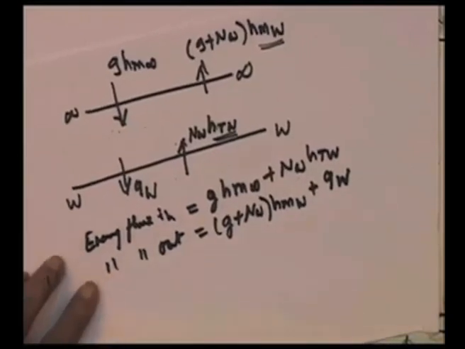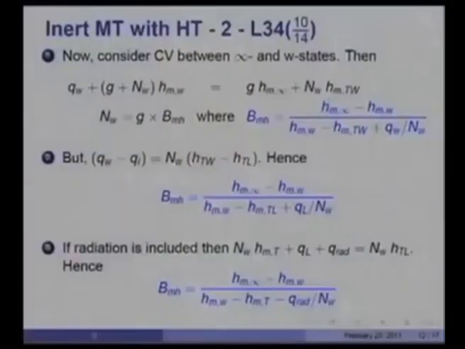So, on the left hand side you have the fluxes going out, and on the right hand side you have the fluxes going in, and therefore, if I now rearrange this equality, then you will see Bmh would now get defined as Hm infinity minus Hmw, Hmw minus Htw plus Qw by Nw.